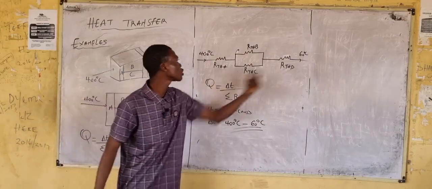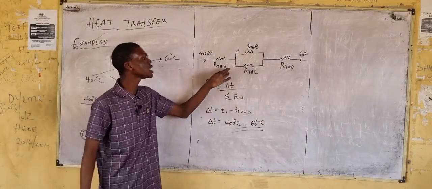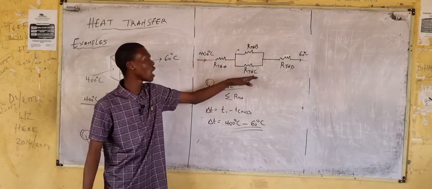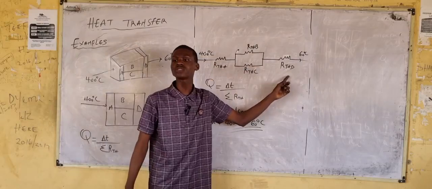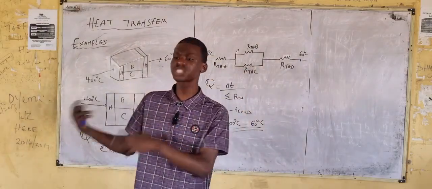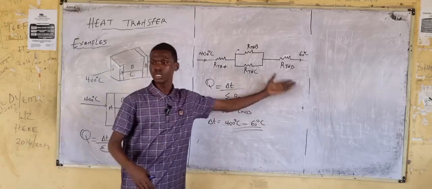We've gotten this. But now, how do we solve for the summation of thermal resistance? From the thermal circuit, we said that RTHB is in parallel to RTHC, then in series to what? RTHD, and also RTHA. Meaning we are applying the knowledge of electricity to this.